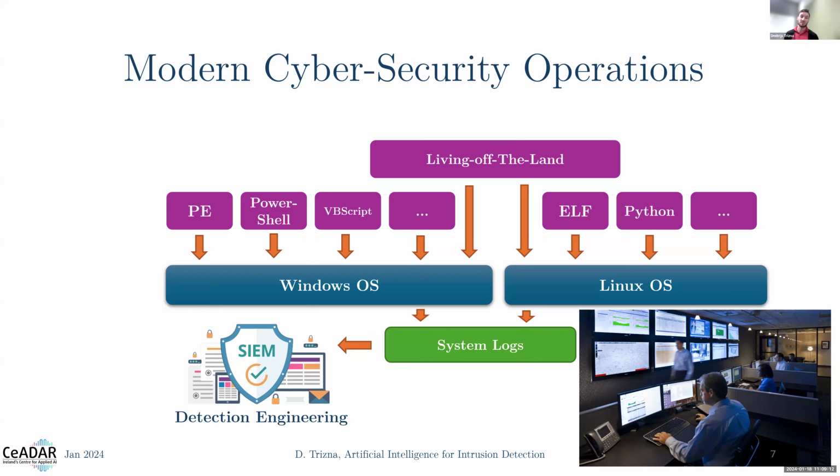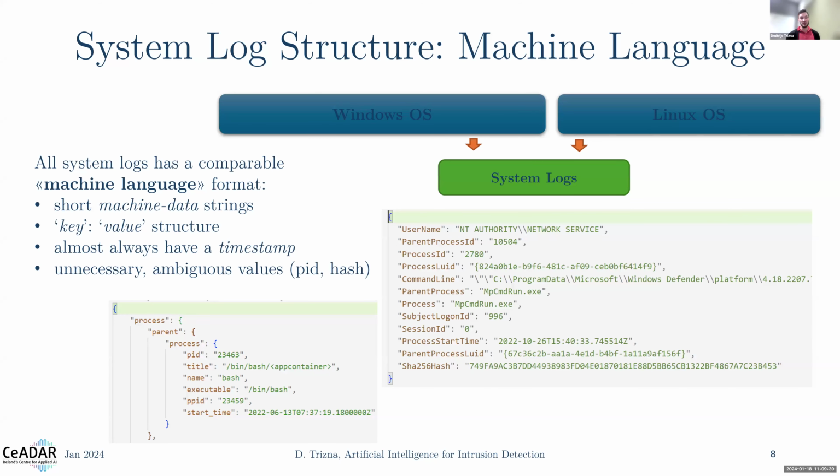And within SIEM solutions, there is detection engineering. Basically, you build some heuristics on top of the system logs that later are used to throw an alert for a security analyst. And those alerts are then investigated manually or with some extra logic. But basically, system logs are this ultimate truth for the majority of organizations to defend themselves. And how do system logs look?